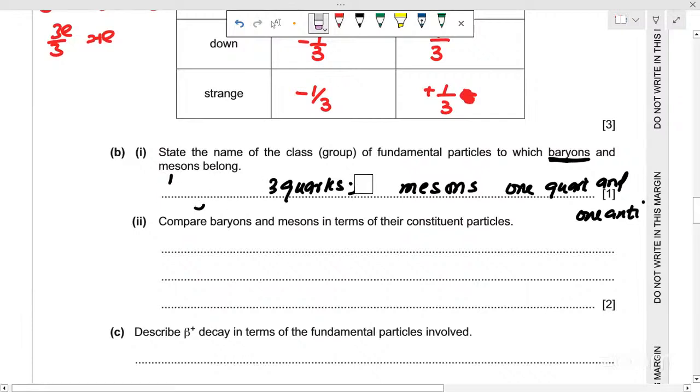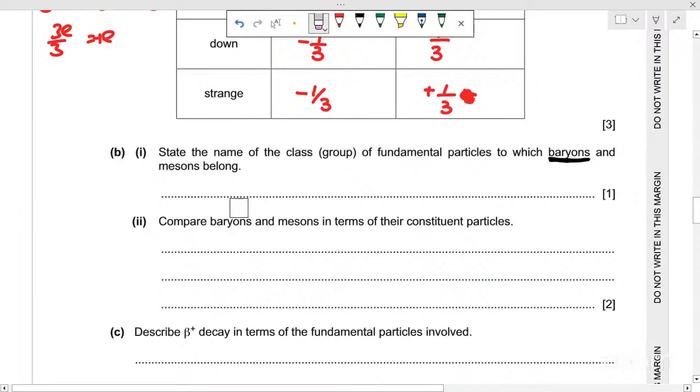This is the answer of the second part. Here we have to just mention their class or group. You know that there are two major classes of all particles: hadrons and leptons.